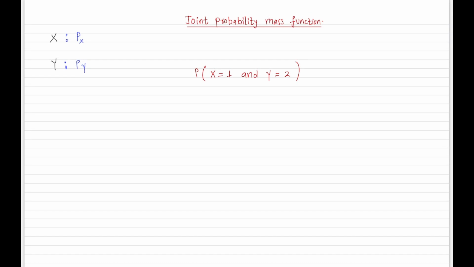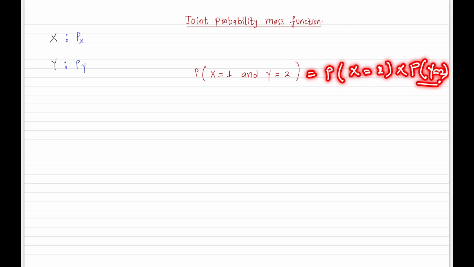If you still have doubt about why we cannot answer this question, many students have in their mind that you can simply say it will be equal to the probability that X takes the value 1 times the probability that Y takes the value 2.